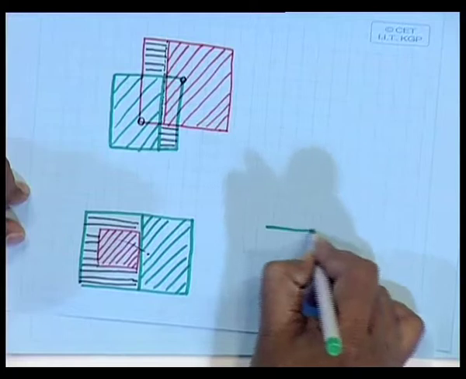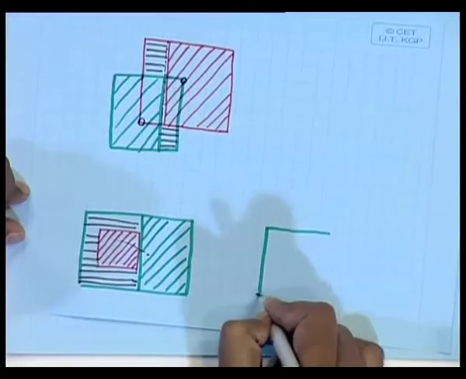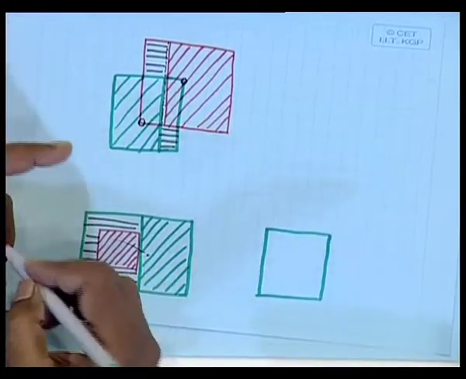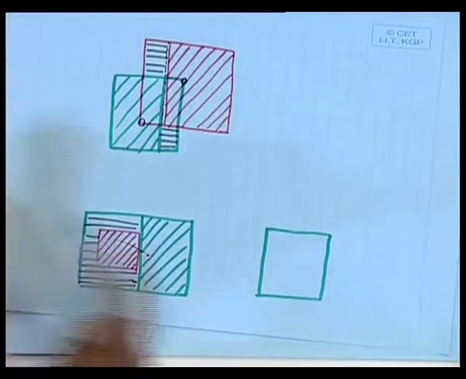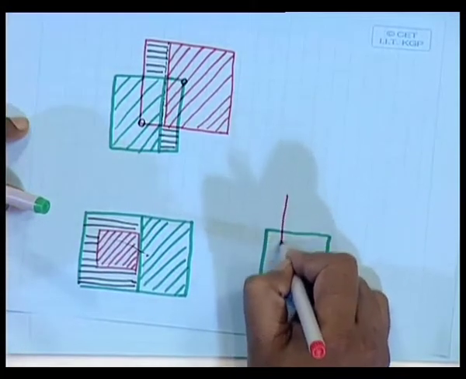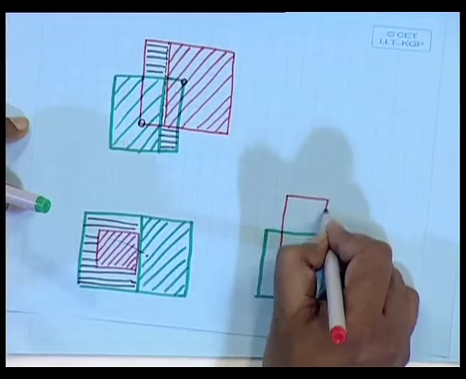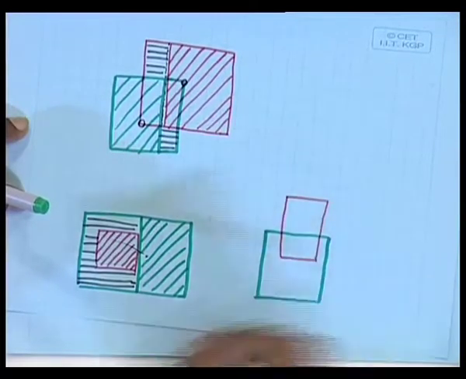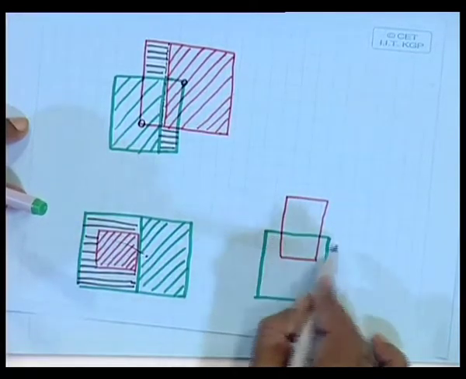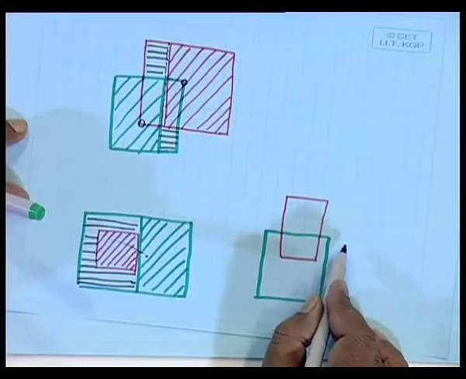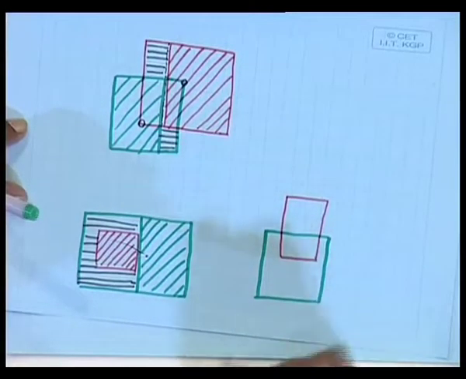So, I can have a situation like this also. Okay. This is also possible. So, containment is only along one dimension, not fully contained.